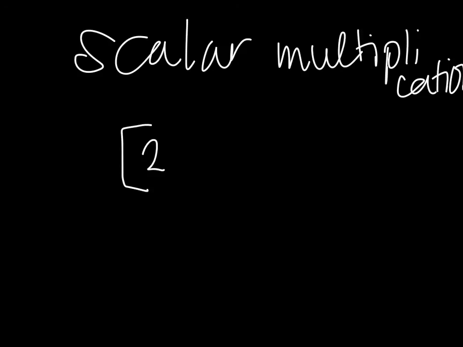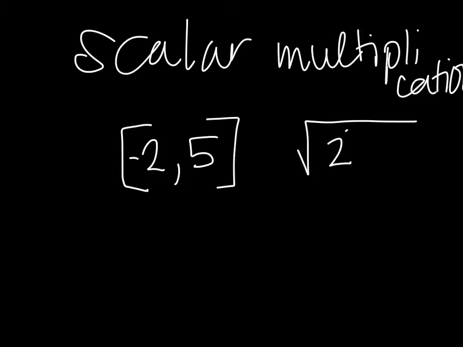The last thing I'd like to talk about in vectors is called scalar multiplication. And what this means is I'm simply multiplying a vector by a constant. So if I were to take the vector -2, 5, I can say that this magnitude here is the square root of 2 squared plus 5 squared, or that is the square root of 29.